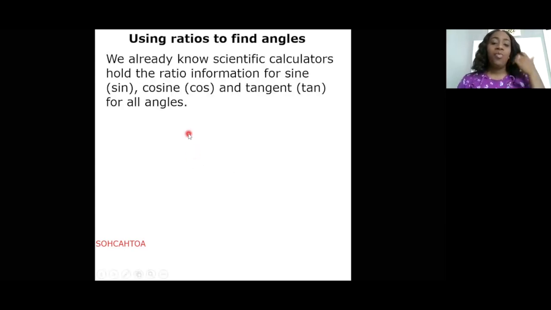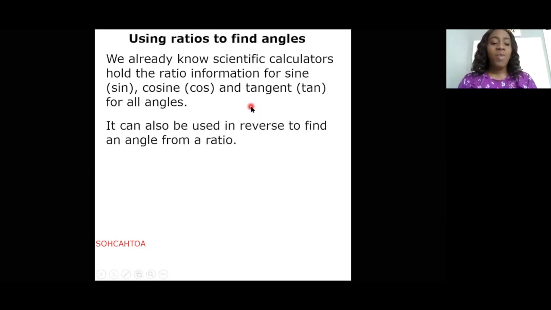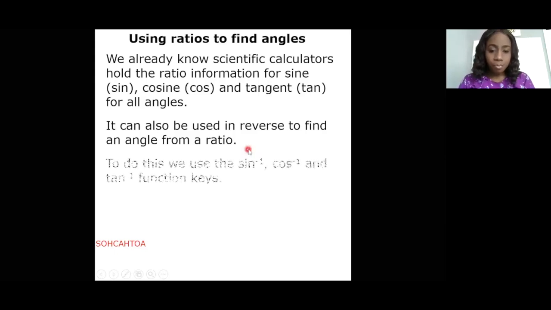We already know scientific calculators hold the ratio information for sine, cosine, and tangent of all angles. We can use our ratios to find the angle from a ratio. To do this, we use the sine inverse key, the cosine inverse key, and the tangent inverse key. We did this last lesson, but for those persons who are new to us, I brought it up again.